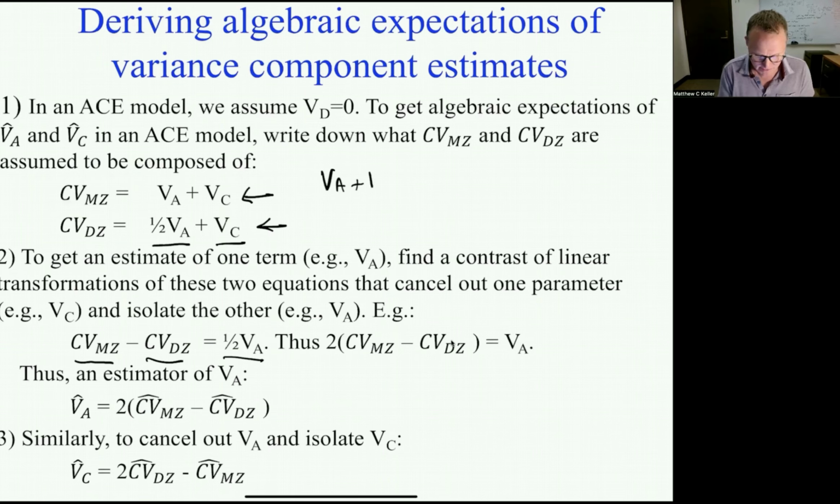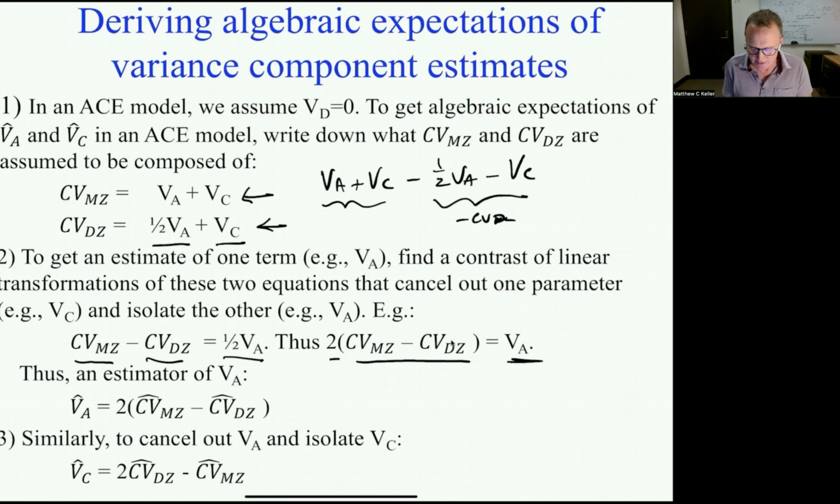VA plus VC, that's covariance of MZ, minus a half VA minus VC, that's the minus covariance of DZ. Therefore, to get a full estimate of the additive genetic variance, we multiply by 2. Two times the covariance of MZ minus covariance of DZ is the additive genetic variance in the population under these assumptions, and therefore an estimator of VA hat is equal to 2 times the difference between covariance of MZ and covariance of DZ twins.